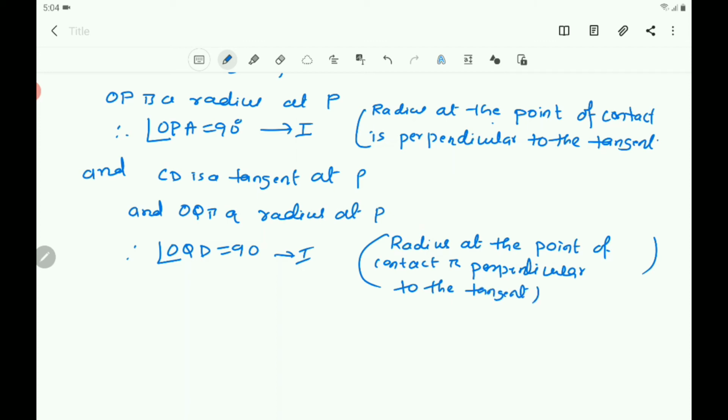So from first and second, what can you write here? Angle OPA equals 90 degrees, angle OQD is also 90 degrees. Therefore, you can write angle OPA is equal to angle OQD, as these are the alternate angles.